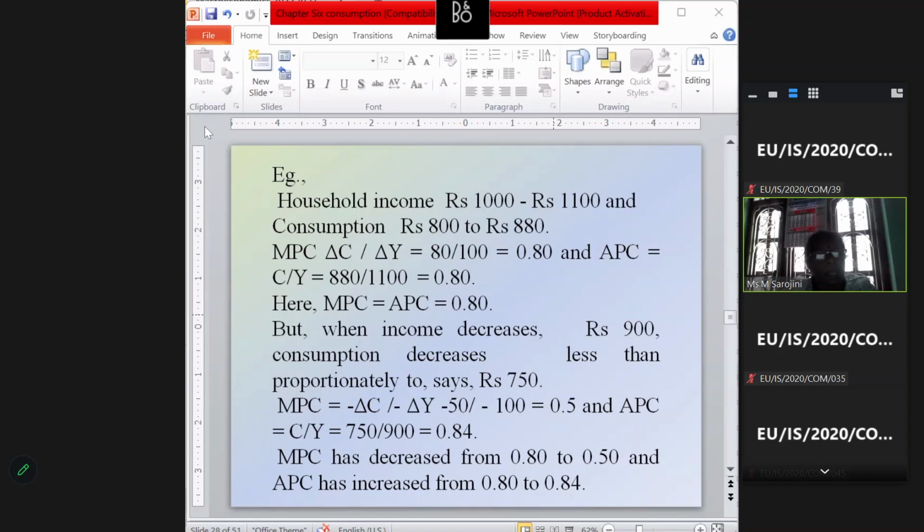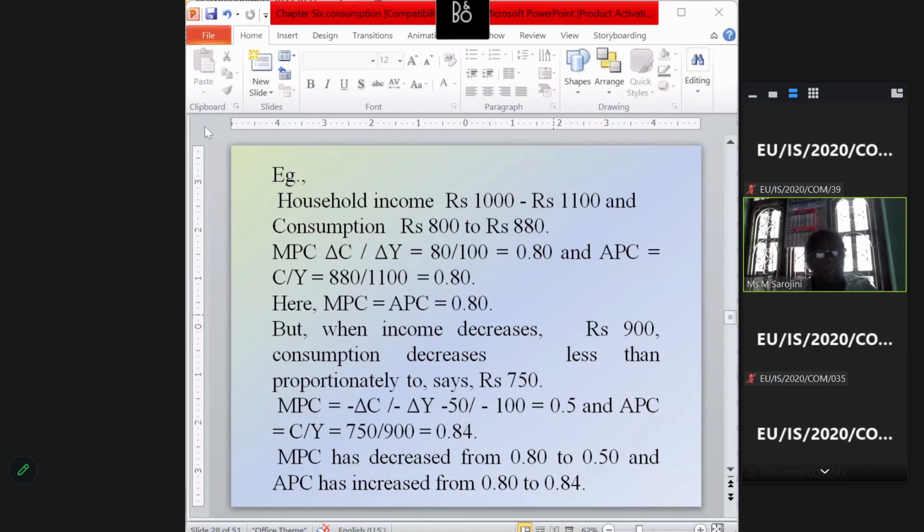In this situation, MPC is equal to APC, so MPC is equal to APC, that is 0.80. When income increases and consumption increases, the APC and MPC are equal.